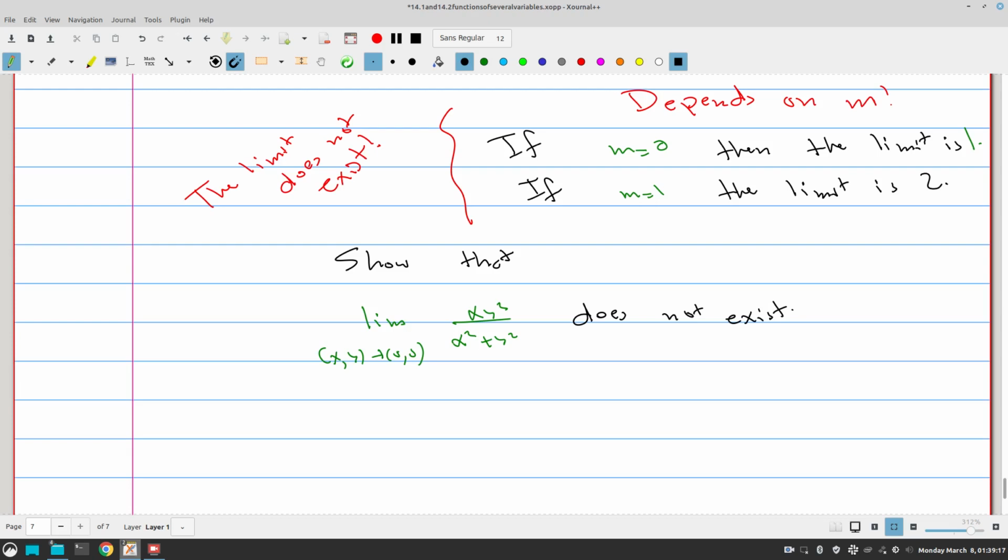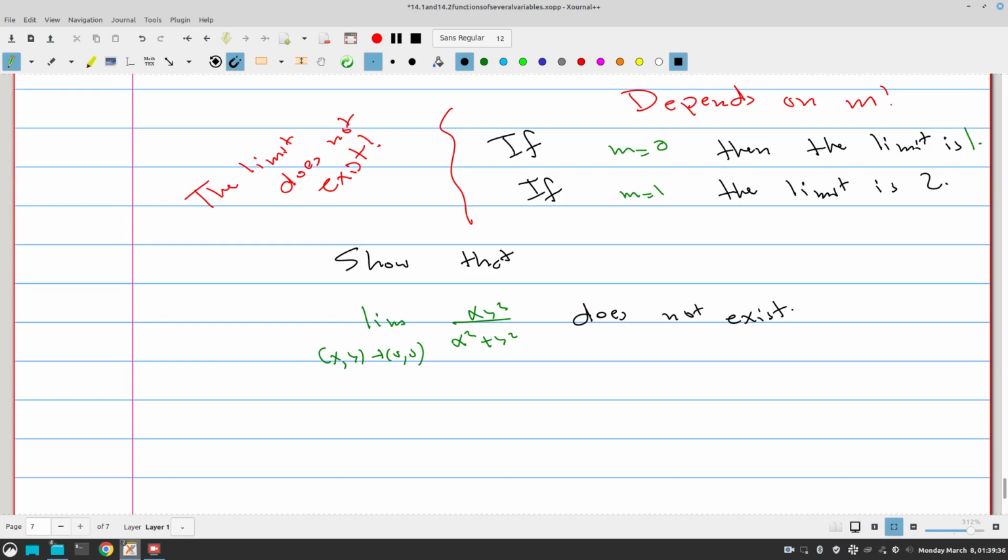All you need to do is take y to be mx and see that different paths lead to different limits. If m equals 2, you get a limit, m equals 3, you get another limit, and so on and so forth.